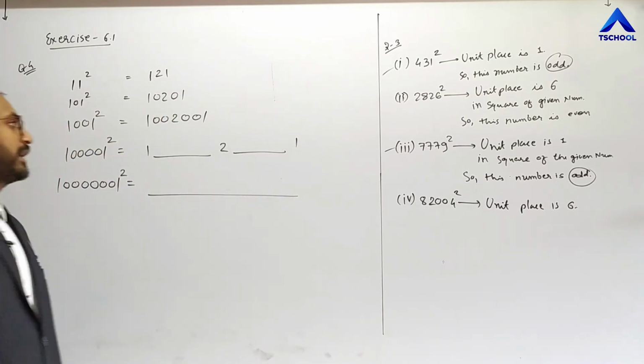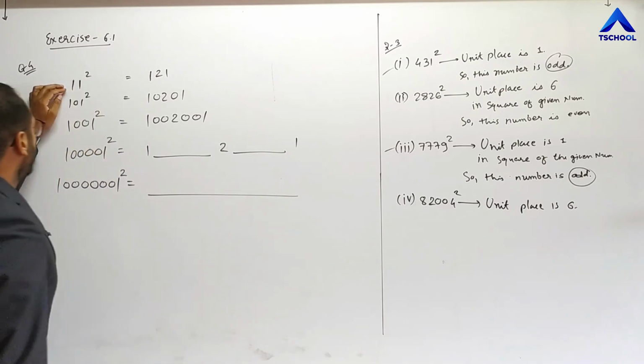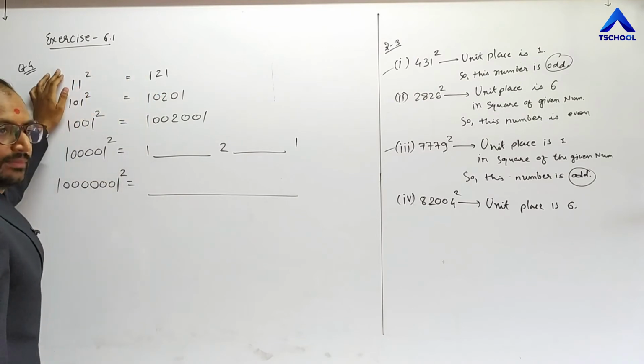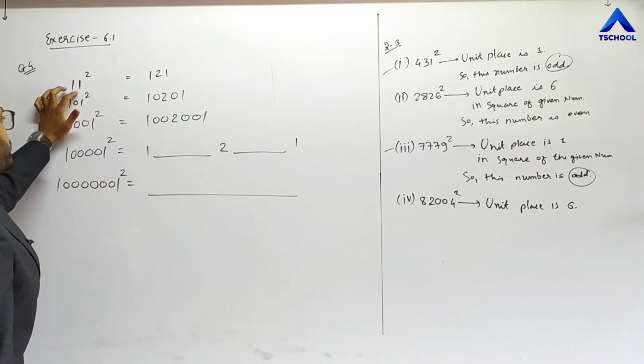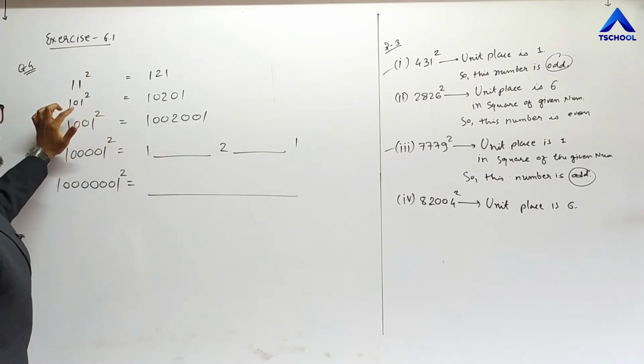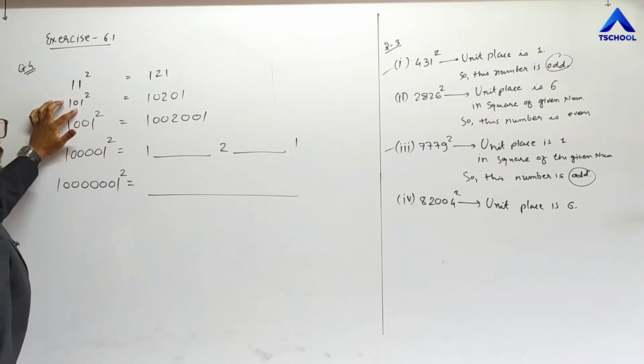So let me understand the pattern first. Here 11 squared is 121. That means in between the two ones the digit is 2, with no 0 in between. Here is 1 0.